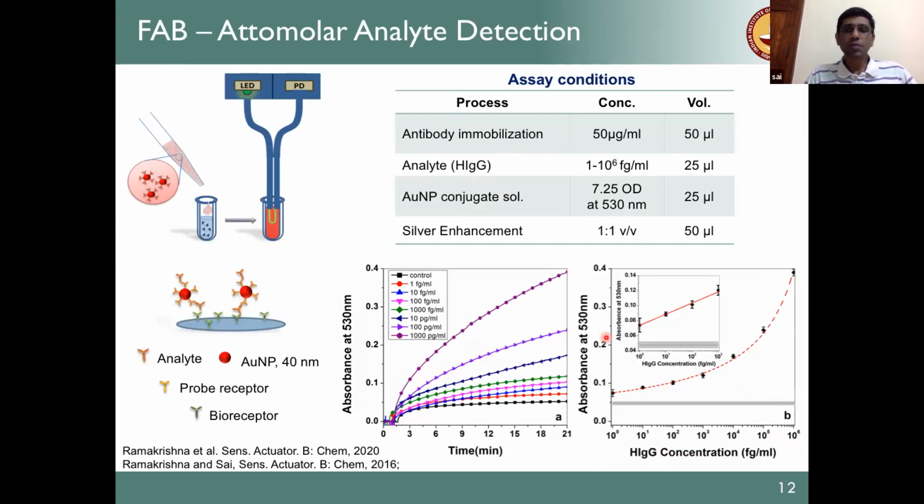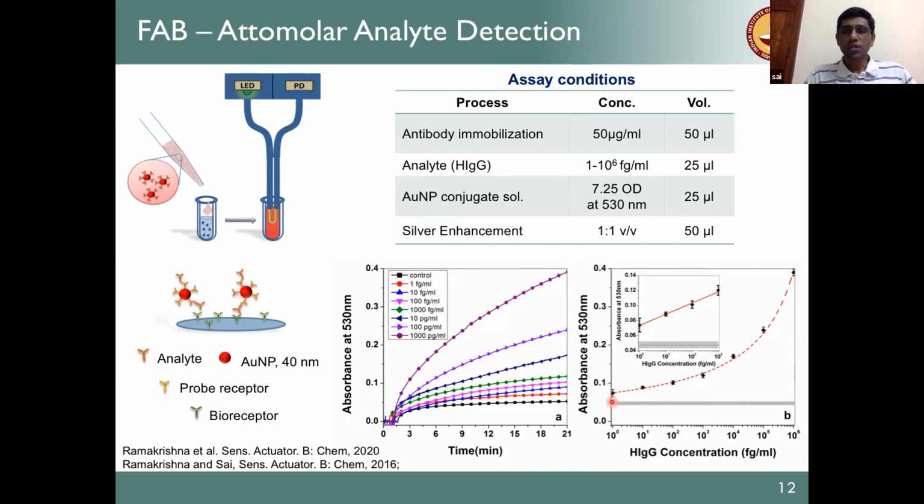a very remarkable response. We were able to observe that these probes can detect human IgG as an analyte, down to concentrations of 1 femtogram per ml.